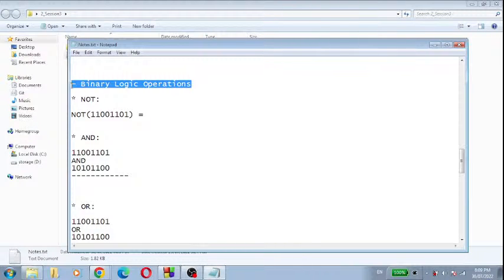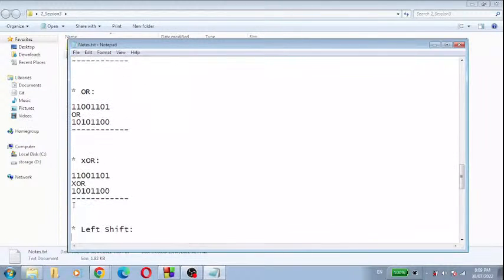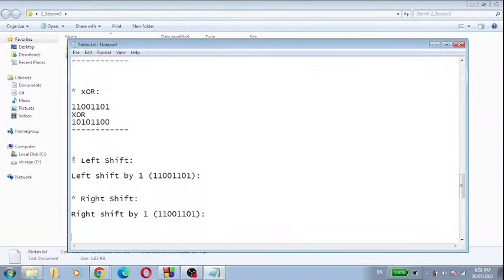We are going to start with the not operation. Then we are going to talk about OR operation. After that we are going to the XOR operation. Then we are going to make something called left shift and right shift operations. Okay, so let's get started.